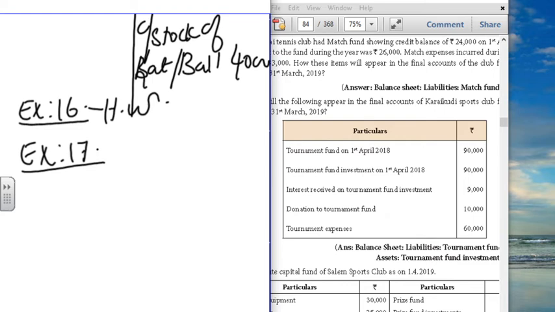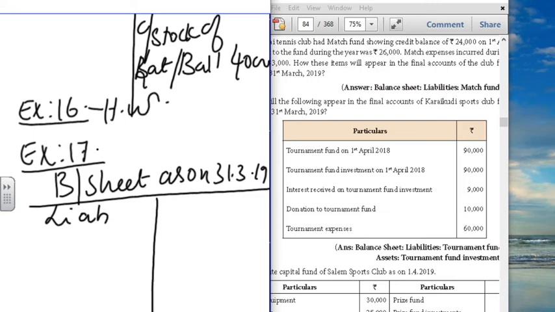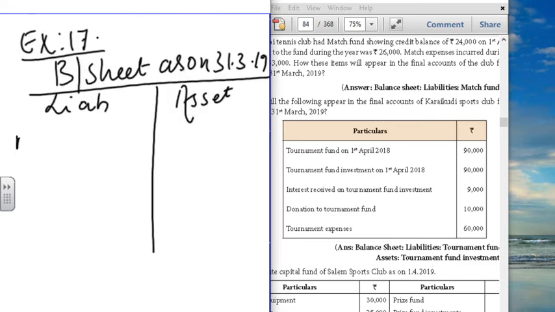So you know this is going to appear only in the balance sheet. So balance sheet as on 31/3/19. Again, in both sides of the page, it appears only on the liability side. So match fund amounted to 24,000.